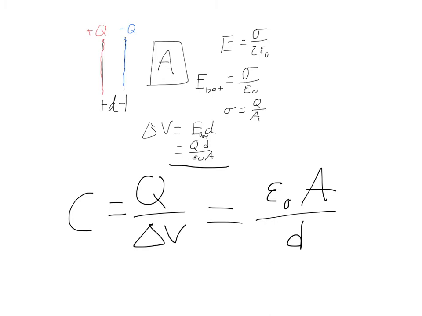So epsilon naught is a property of the vacuum between the two plates, A is how big the plates are, and d is their separation. So make the separation smaller and smaller, then you can have more capacitance. What would that mean?